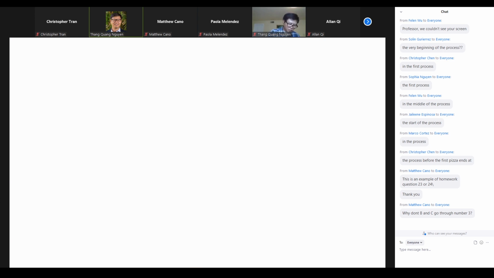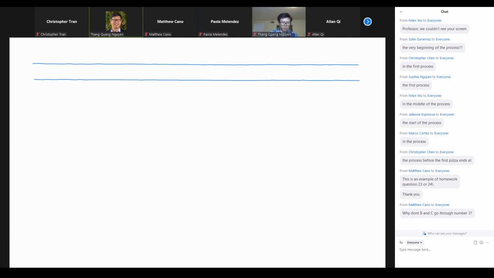Okay, so we draw a table like this. We lay out the steps horizontally. So we have resource 1 right here, resource 2, resource 3, resource 4, and then resource 5, right?